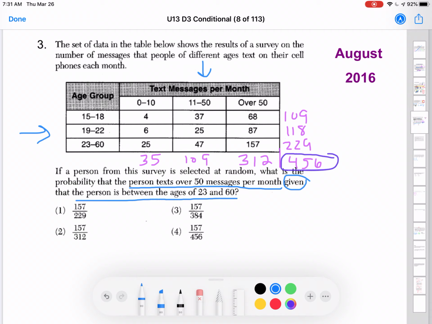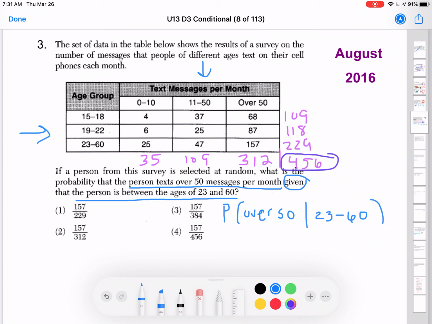That's so much to write down, so we have to abbreviate it a little bit. So probability of over 50 given 23 to 60.